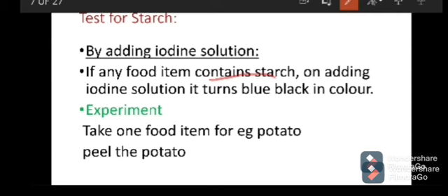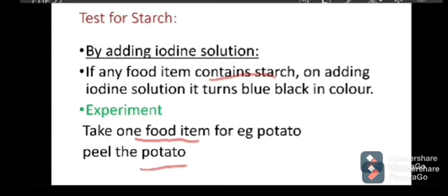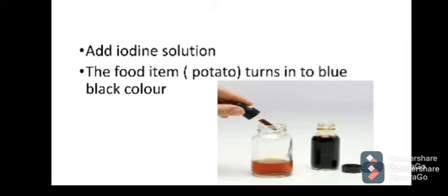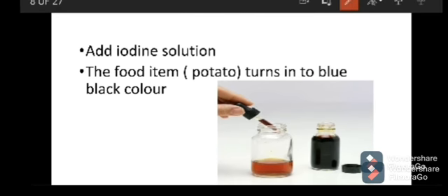For example, we can take any food item. Here, I took a potato, peeled the potato, and added iodine solution to it. The food item turns dark blue black in color.